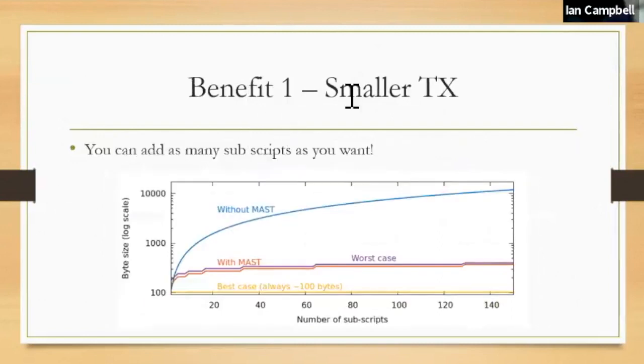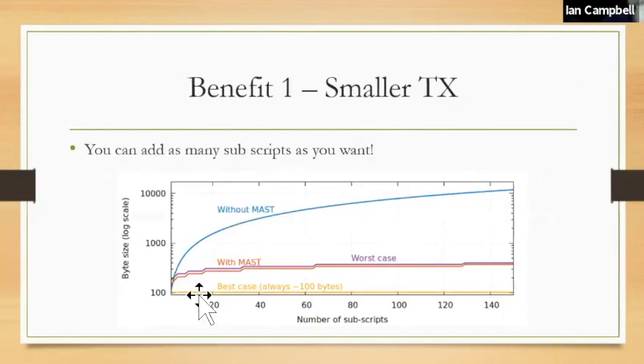The first one is smaller transaction sizes. So here's a graph that shows the number of scripts and the byte sizes. As we increase scripts without MAST, the number of byte sizes that are going to be on the blockchain will increase exponentially.